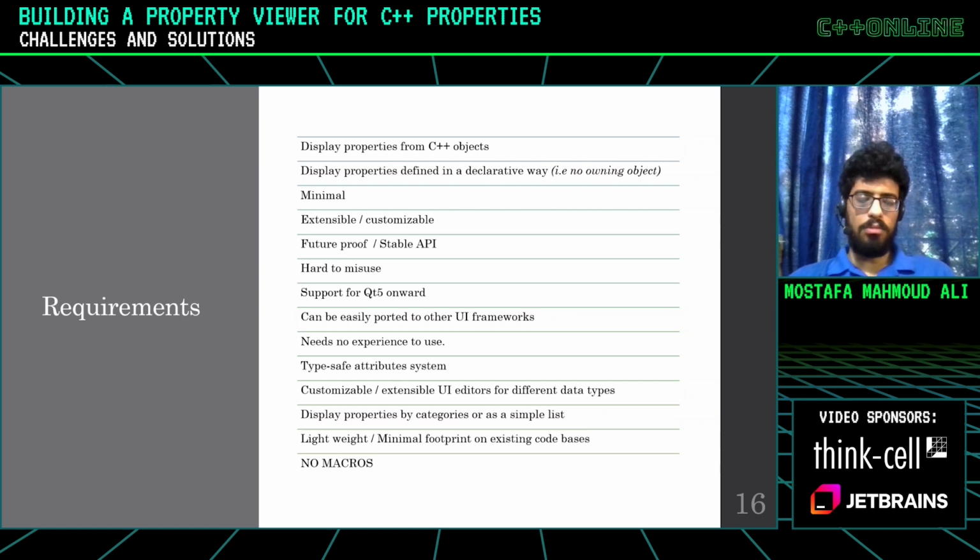I also needed it to be lightweight and have little to no footprint on existing code bases. So I don't want anybody using my solution to have to modify their code base to be able to use it. And the most important thing, it should never rely on macros.